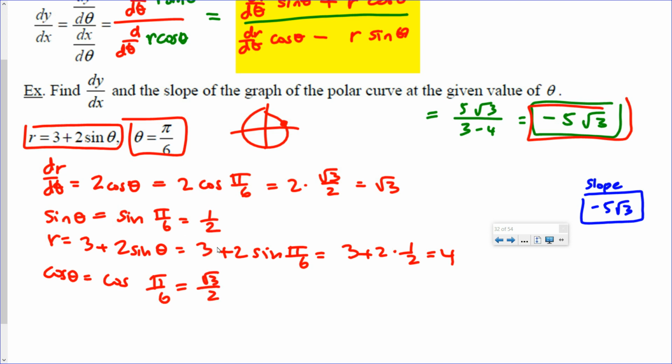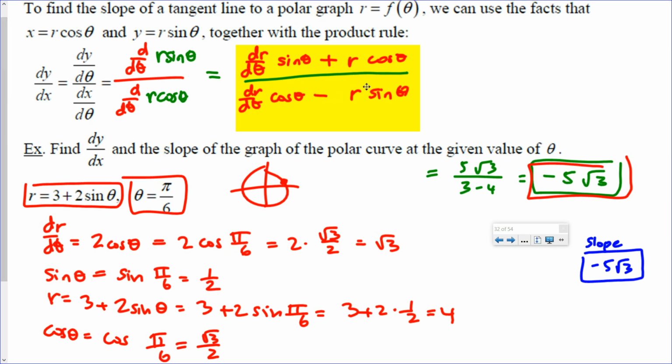All right, so I've got all these components. All you do is plug them into this fraction. What's dr d theta? Square root of 3. What's sine theta? 1/2. Plus, what's r? 4 times cosine theta, square root of 3 over 2.